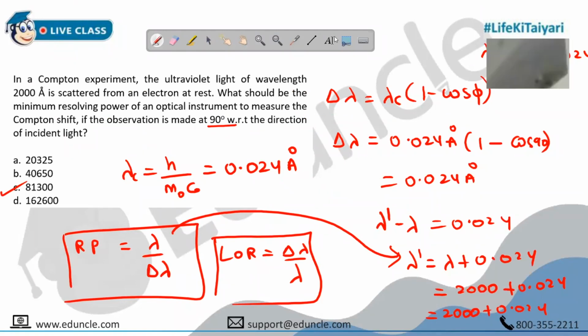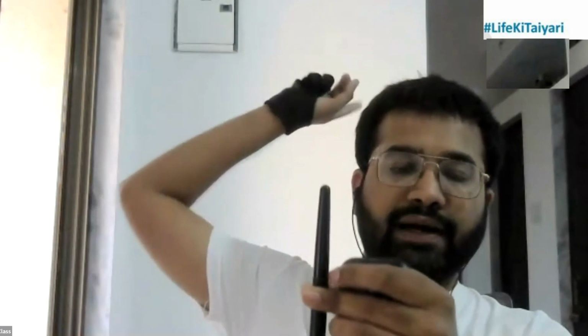Okay. So the thing is, suppose I give you two objects. Limits of resolution are of two types: one is the angular limit, the other is the linear limit. For example, what should be the minimum distance between them such that they are just resolved by your eye? This is the linear distance. If you keep going away, eventually there will come a point where these two merge with each other, and you will not be able to differentiate between them.